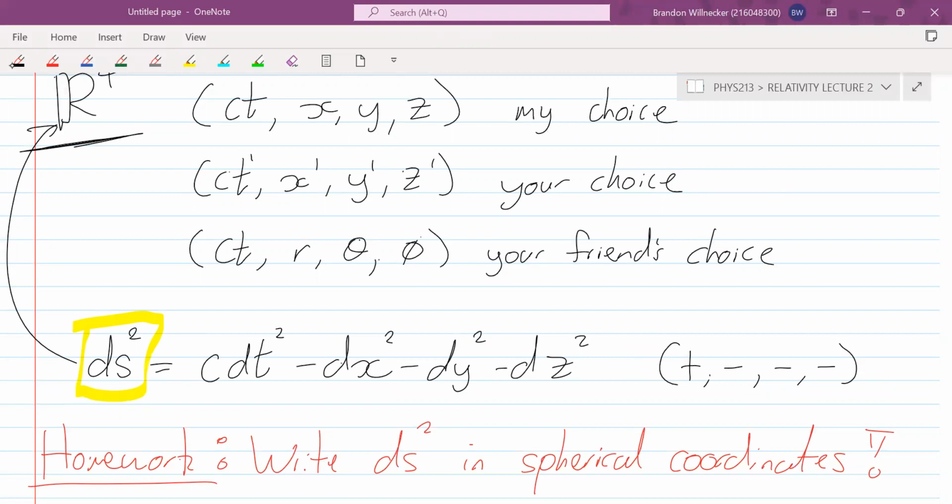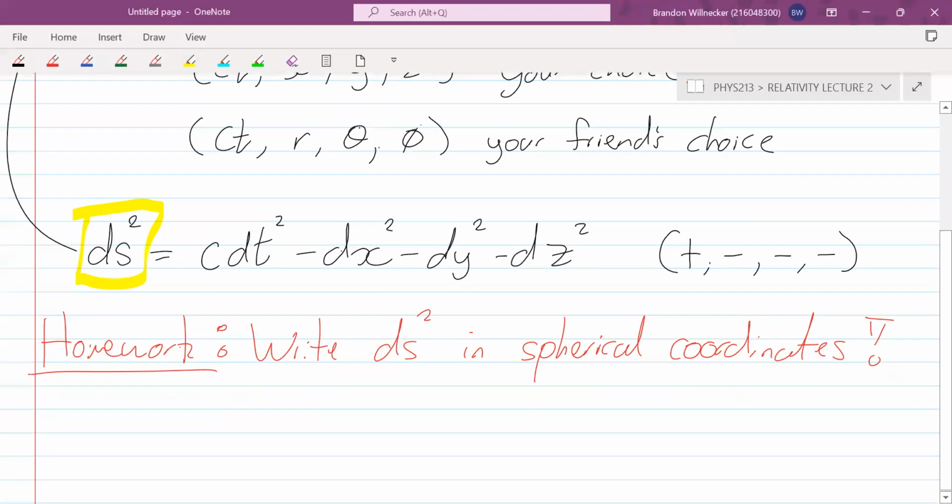So we're going to use that idea to find a very short derivation of the so-called time dilation and length contraction phenomena, all explained using the metric and the use of two different coordinate systems. So that's where these phenomena come from.